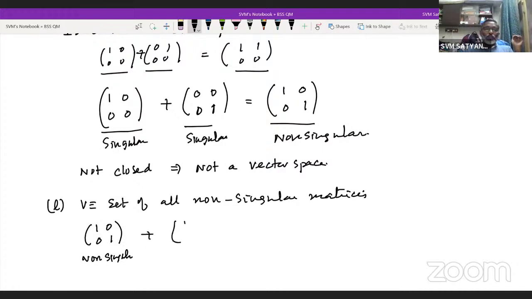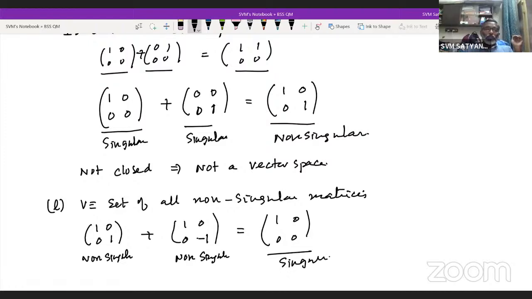Plus 1 0 0 minus 1. This is also non-singular. So when you add them, you will get 2 0 0 0. This is singular. So it is not closed, which implies not a vector space.